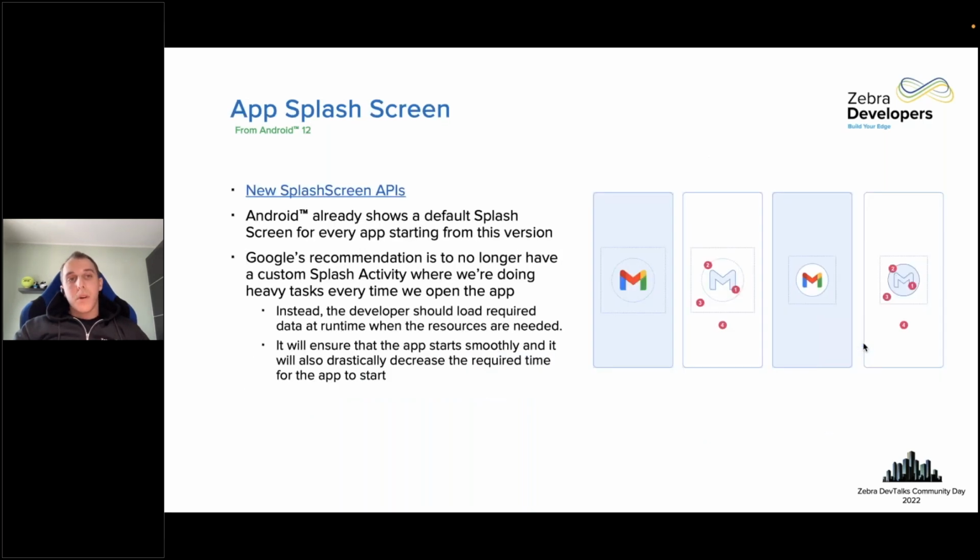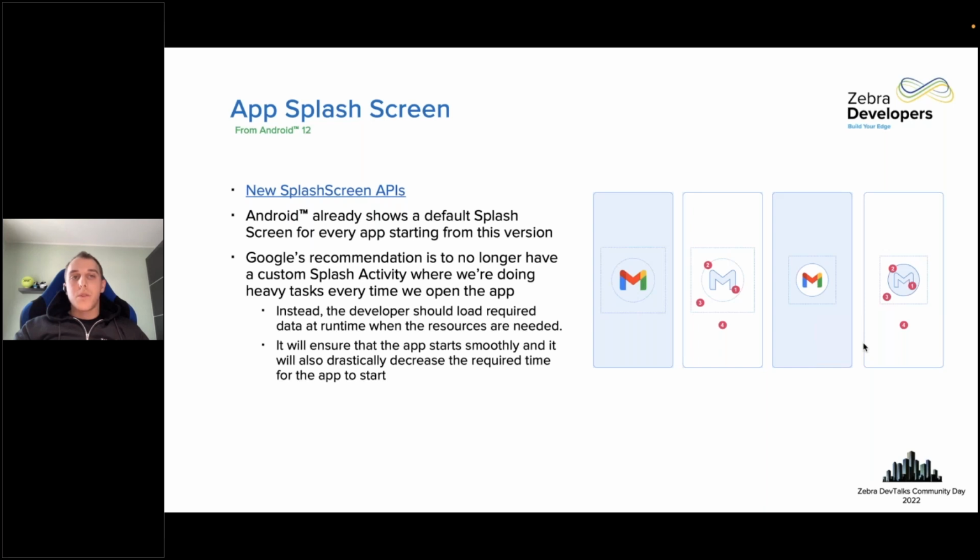Now, going forward, still on Android 12, we have another important change which is related to the splash screen. So we all know about splash screens. We are all using them for different purposes inside our applications.